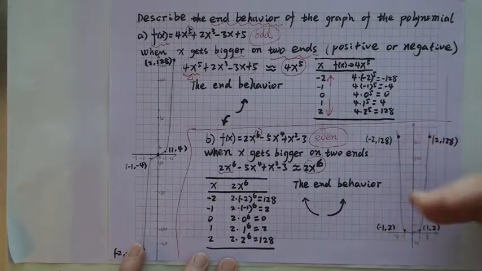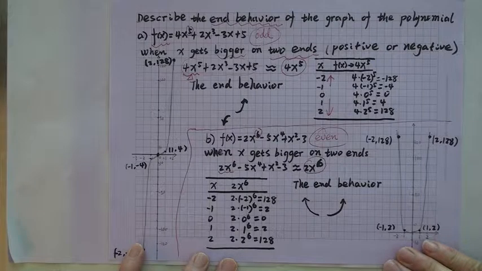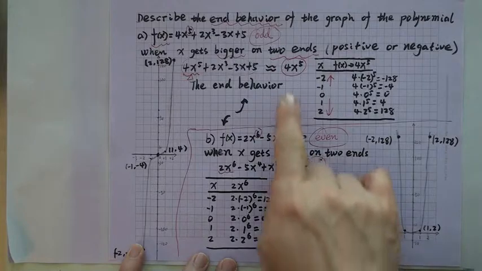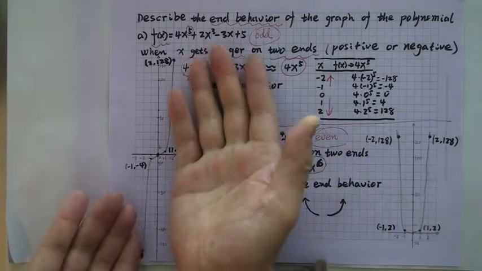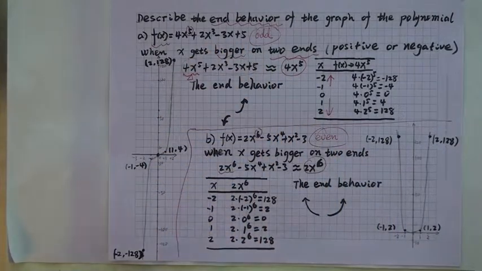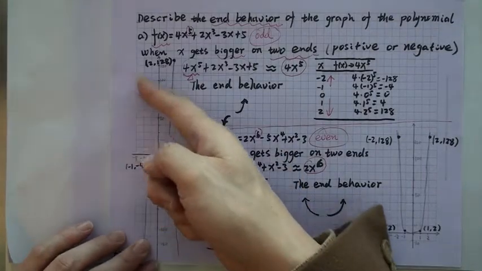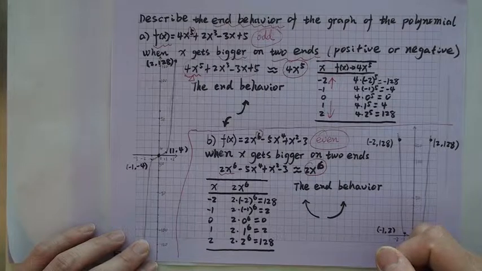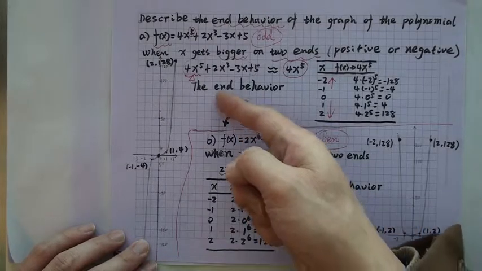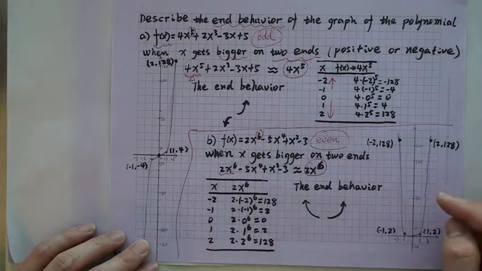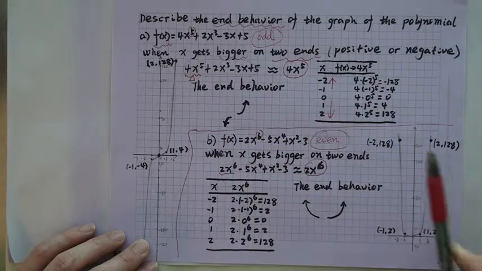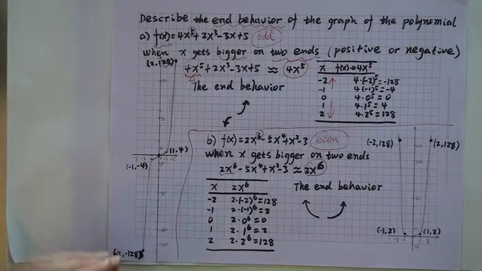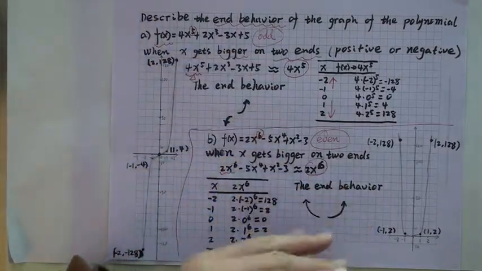Then this picture would be flipped, and the direction would be like that. Similarly, if here is negative, you have to rotate like this. Then the picture would be like that, and the end behavior will be different. So here we use both positive. For the negative, you just simply want to flip it.